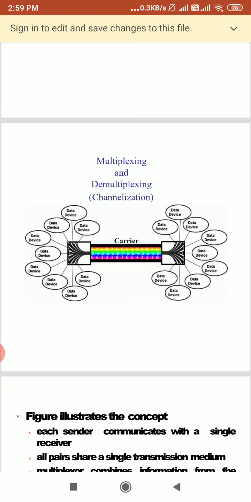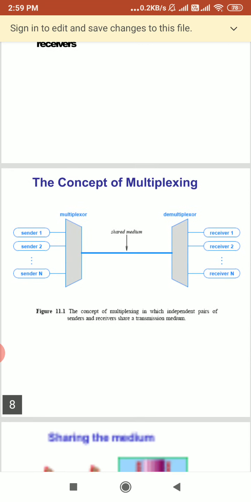You can see here the diagram for the multiplexing and demultiplexing we are doing over a single channel. When we do multiplexing, out of n channels we select one channel according to time slot, because here we are studying TDM multiplexing.